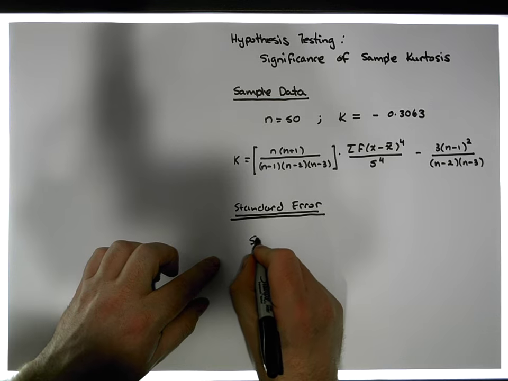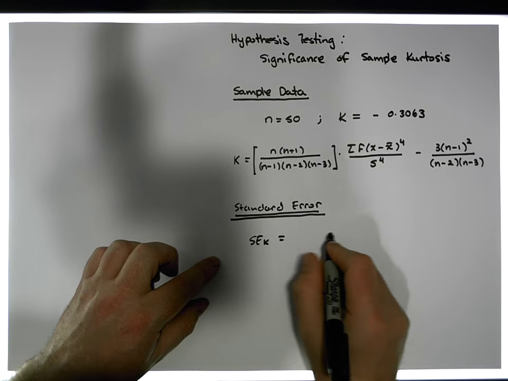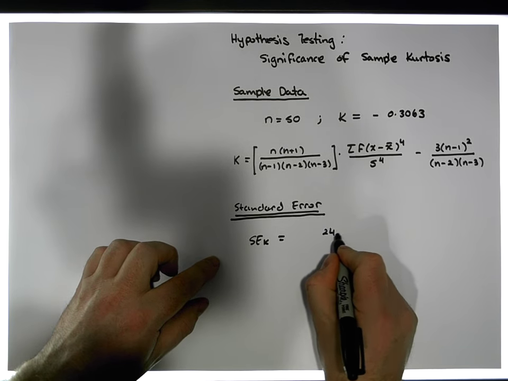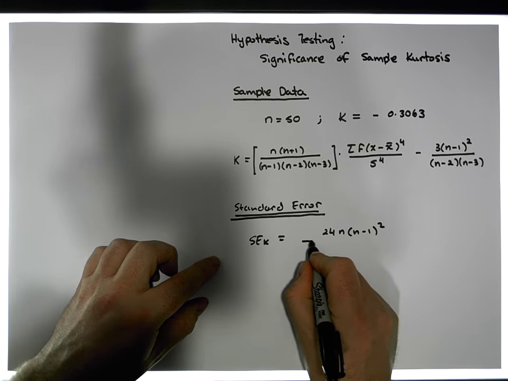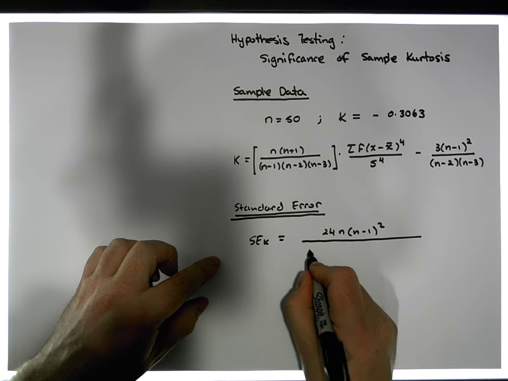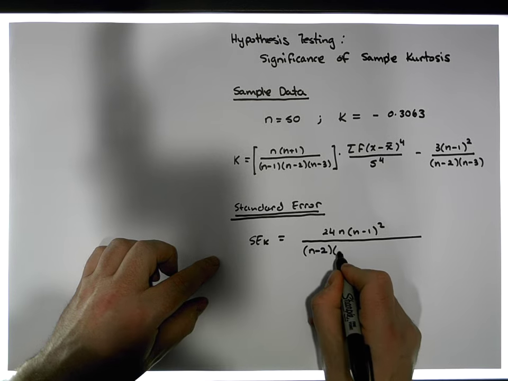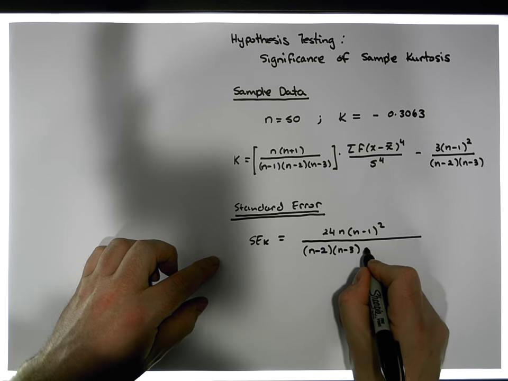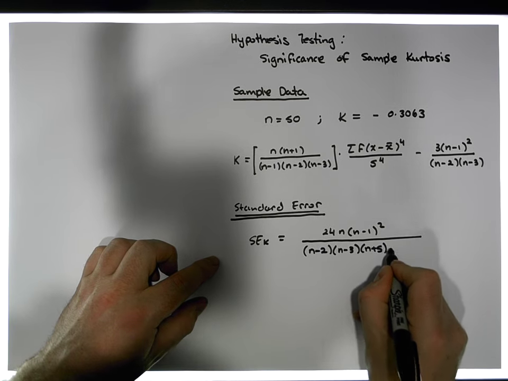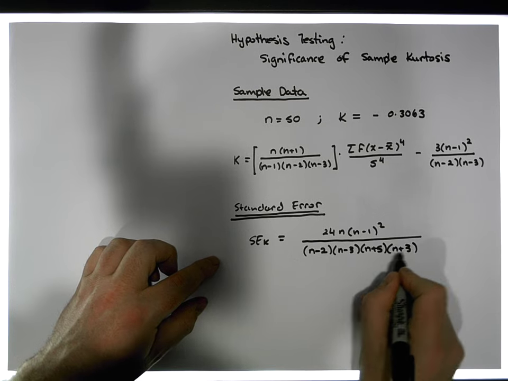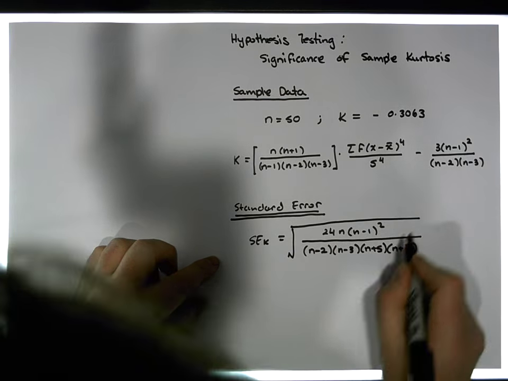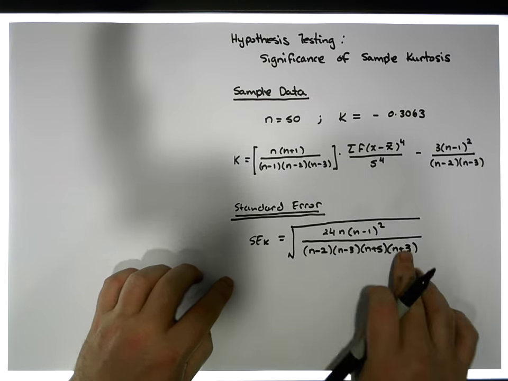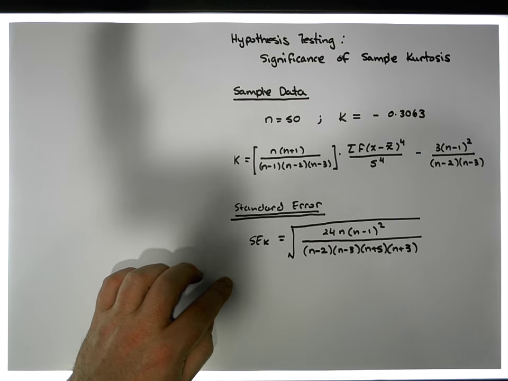The standard error for the kurtosis is equal to the square root of 24 times n times (n minus 1) squared, divided by (n minus 2) times (n minus 3) times (n plus 5) times (n plus 3). Don't be intimidated by that. It's just a couple of multiplications, a division, and a square root.